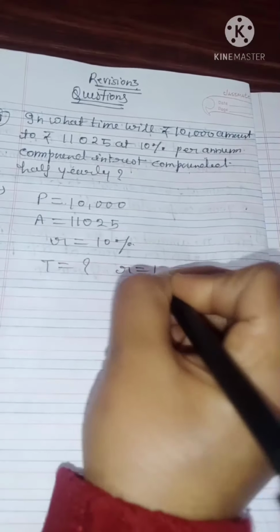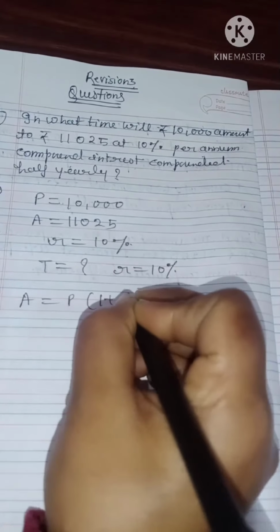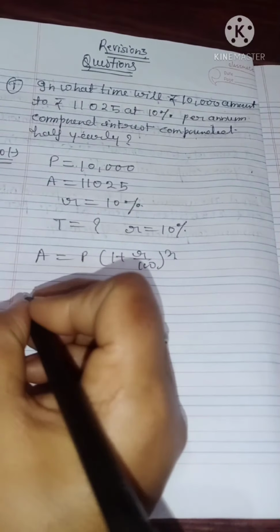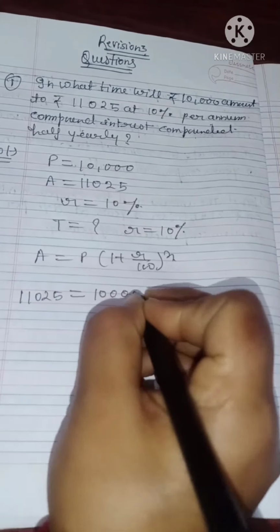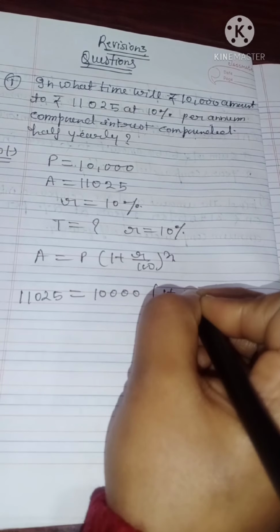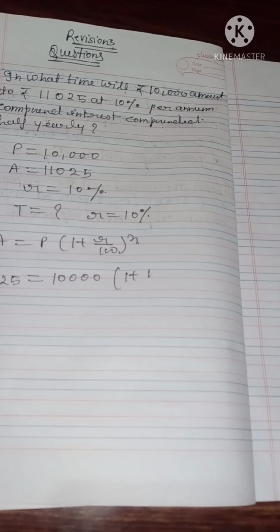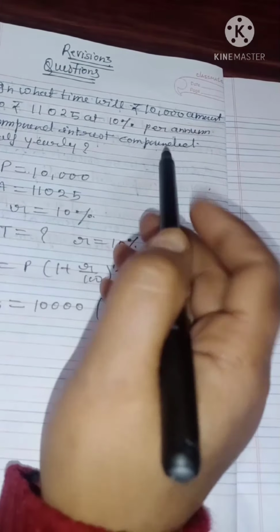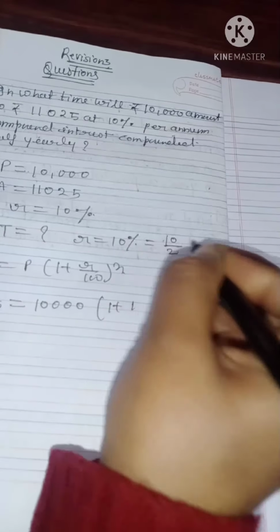R is equal to 10%. So apply the formula A is equal to P (1 plus R upon 100) to the power n. So A means 11,025 is equal to P 10,000 (1 plus R). Beta, here R is equal to 10, but the condition given is half yearly, so R will become 10 upon 2, that is 5.